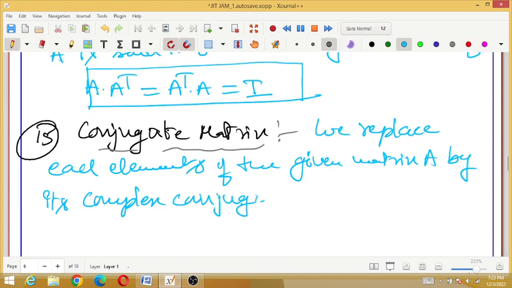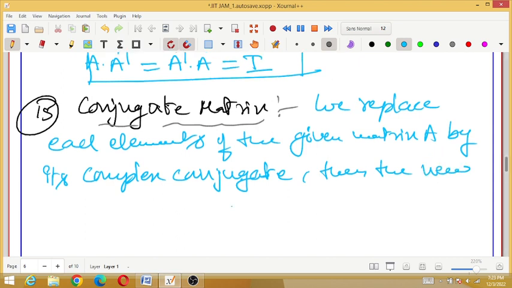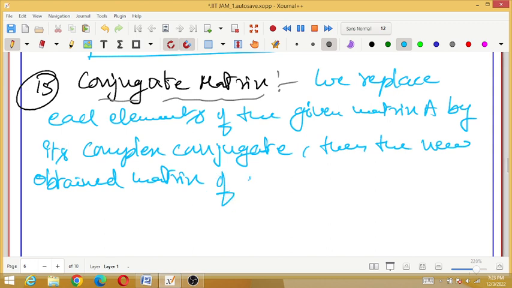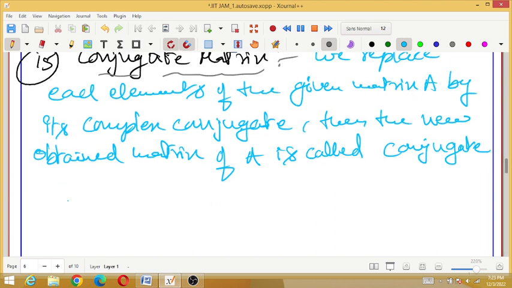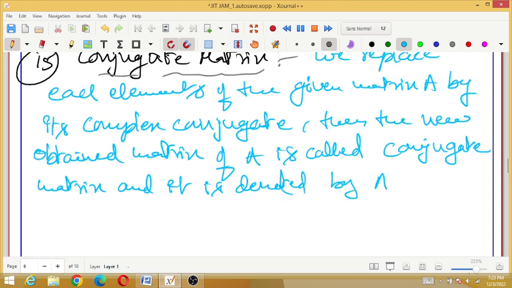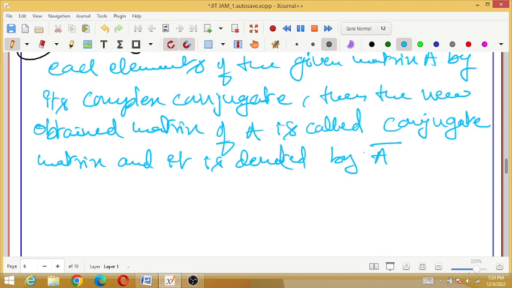Then the new obtained matrix of A is called conjugate matrix, and it is denoted by A conjugate, A dash, A bar.